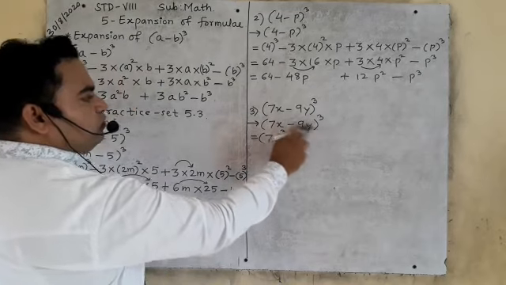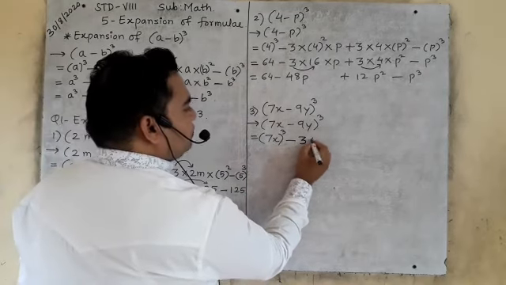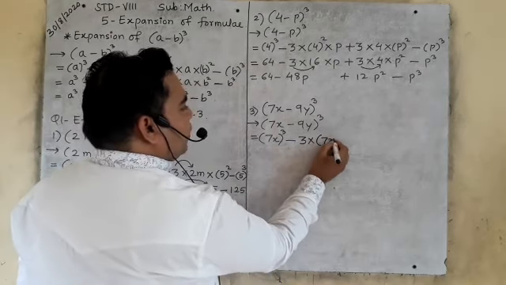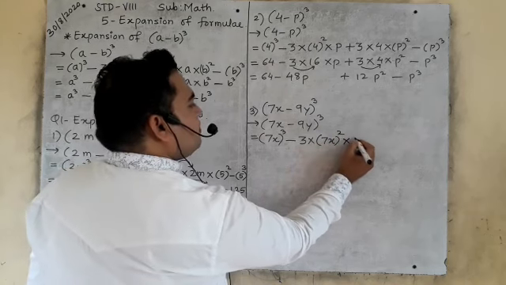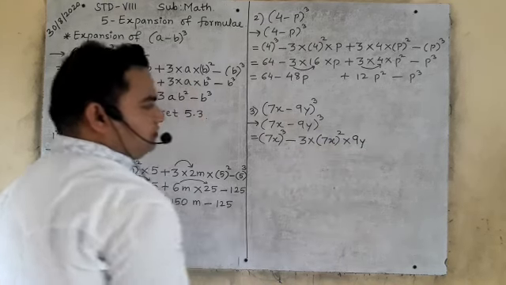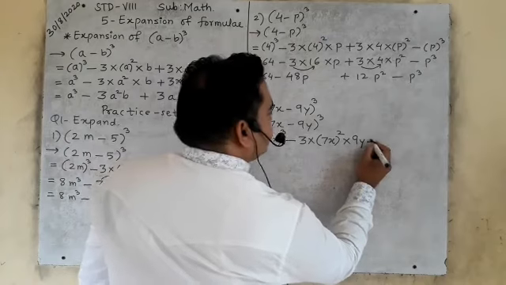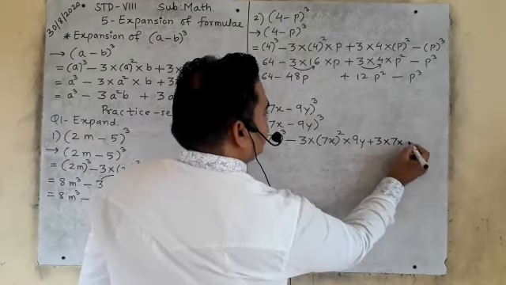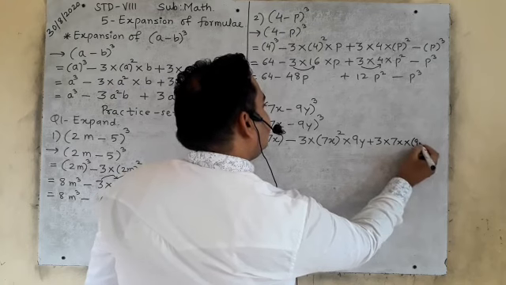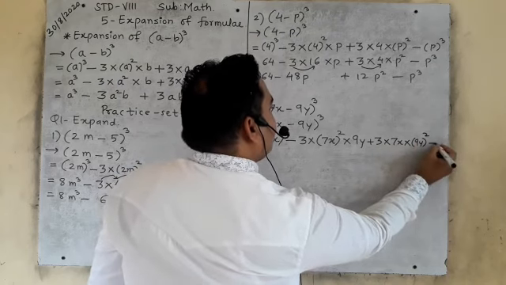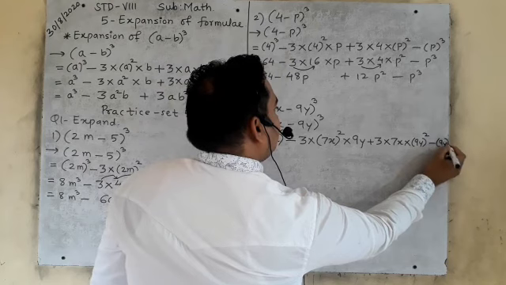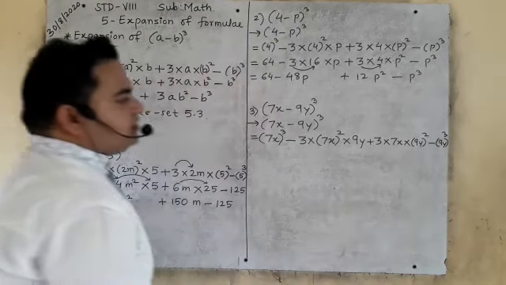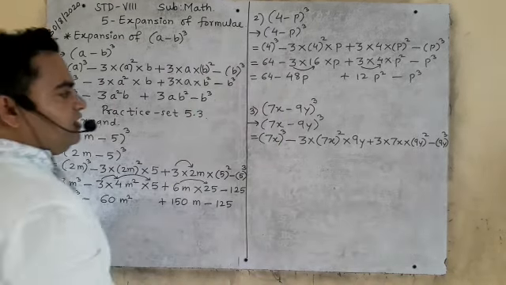Now you will give this cube to both the terms in the multiplication form. 3 multiplied by square of first term multiplied by second term. Okay. Plus same you will carry here, 3 multiplied by 7x. But now second term will carry the square minus cube of second term. Is it clear? Very simple, very easy.